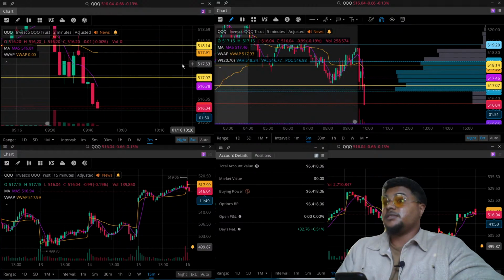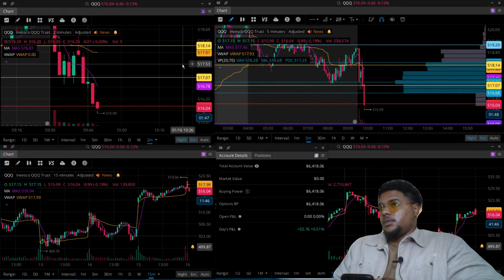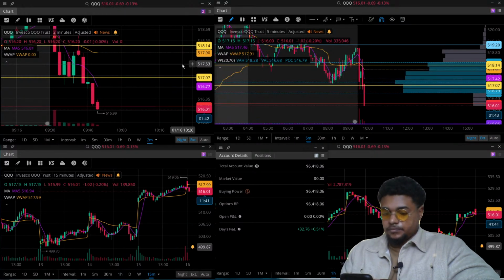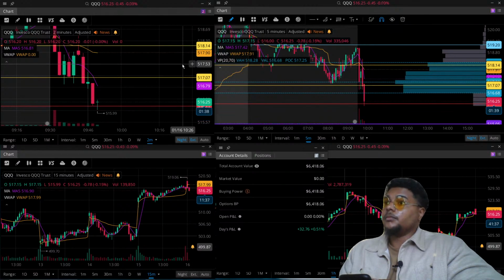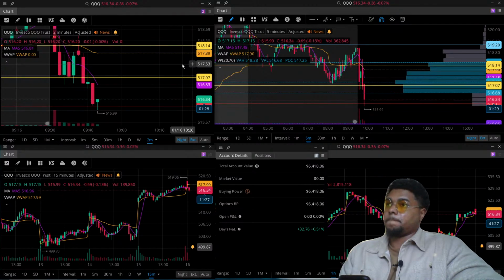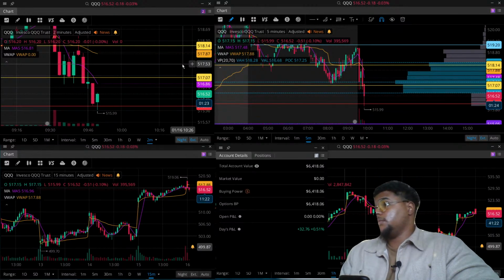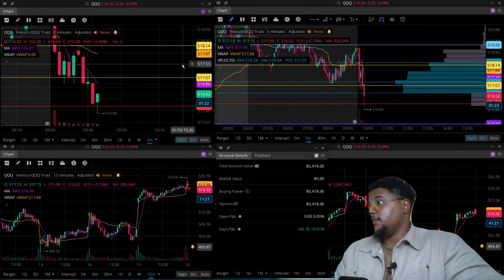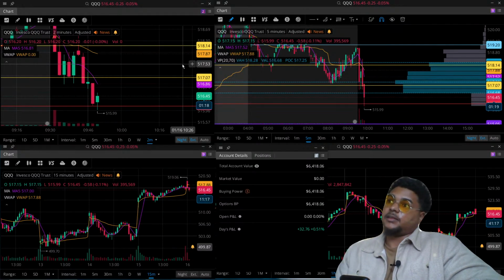You see, sometimes it does stuff like this, but yeah, see, bounce right there. That's why you gotta have these levels plotted out beforehand.